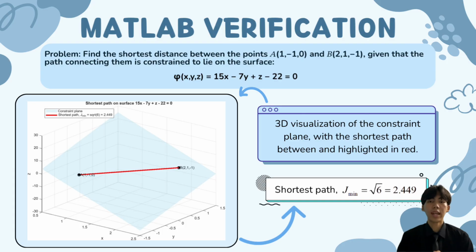To verify the analytical result numerically and graphically, MATLAB was used to plot the constraint plane together with points A and B and to compute the shortest path between them.